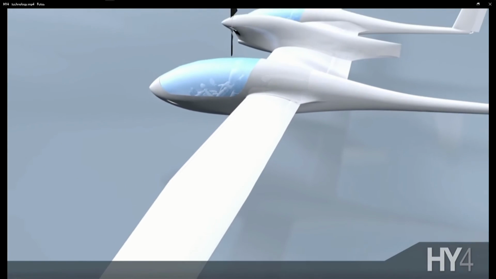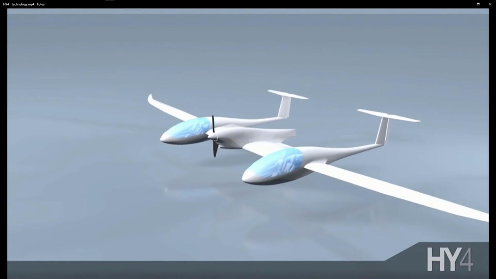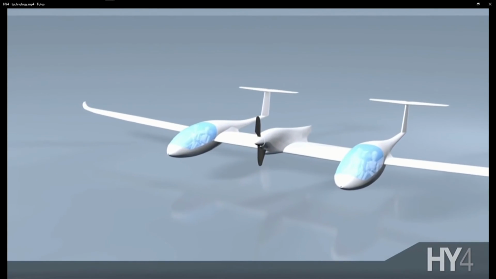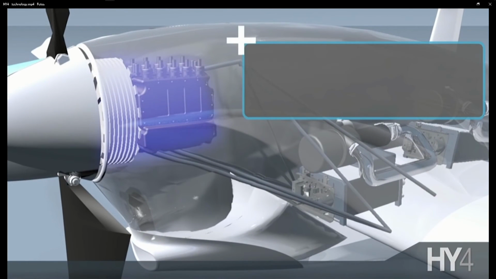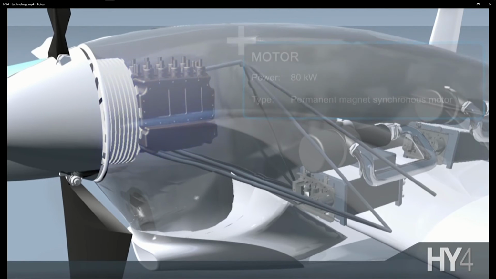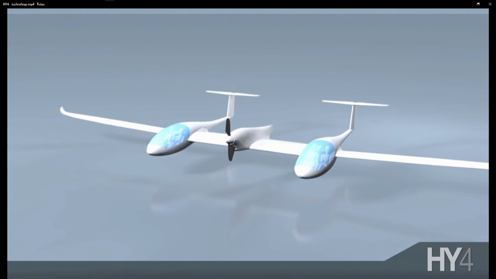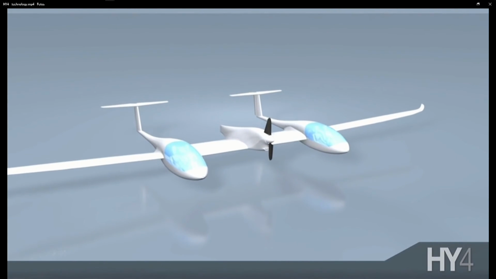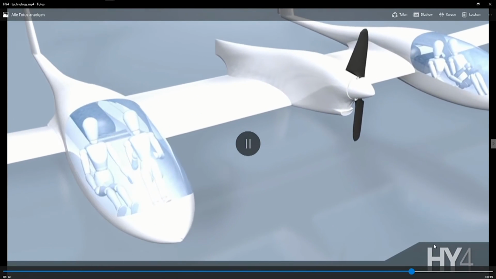This 4-passenger aircraft was intended to fly up to 1,500 kilometers, and it should be a technology demonstrator for short-distance connection flights between smaller airports and larger airports, or different kinds of airports in the near future.